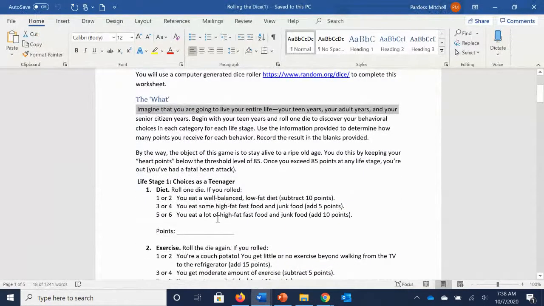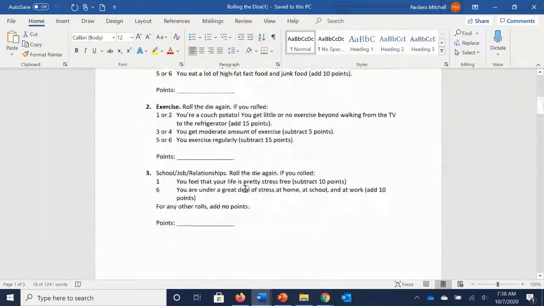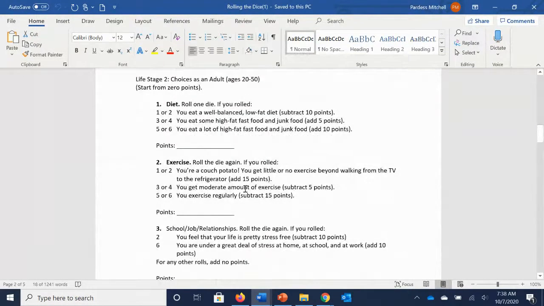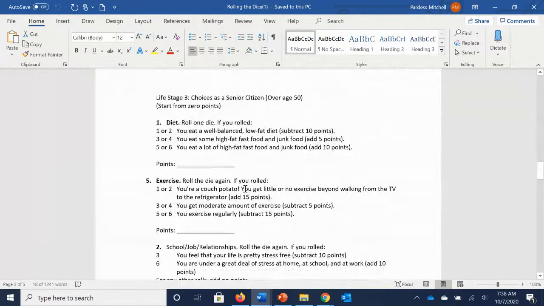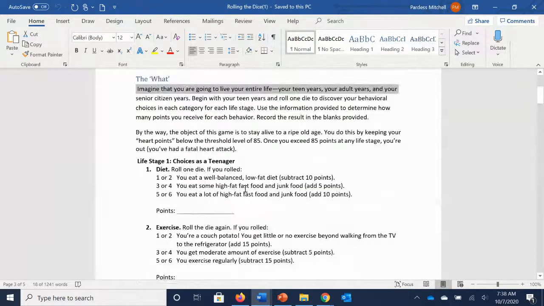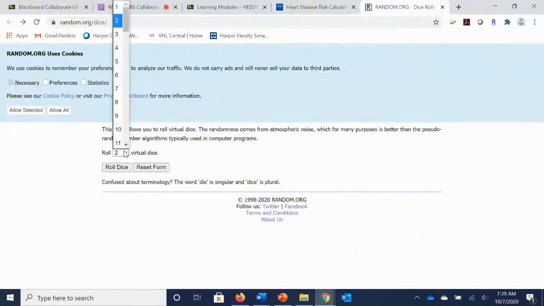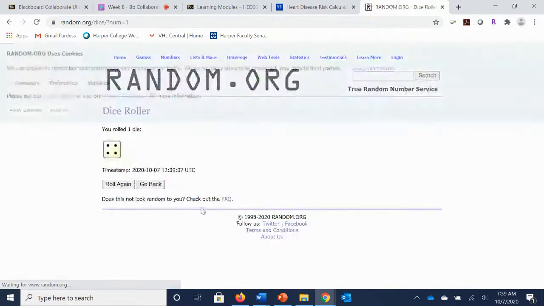So the assignment goes through the life stages, so choices as a teenager, as an adult, and then as a senior citizen. And what you're going to do is follow the directions. For the choice as a teenager, you roll the dice. So let's roll the dice really quick just to show you what this looks like. It's just one die, and I get a 4.